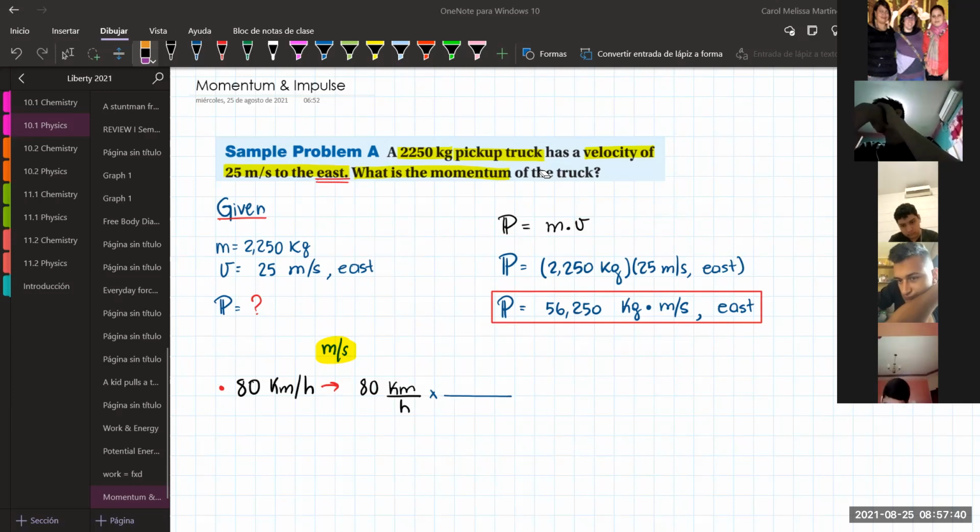One between kilometers and meters. Since I have kilometers up, I will write kilometers down like this, and hours in the bottom, so I'm going to write hours in the top. So in 1 hour, I have 3,600 seconds.